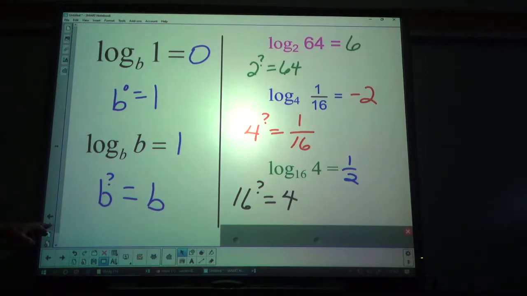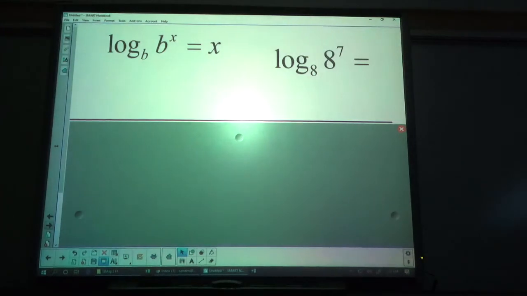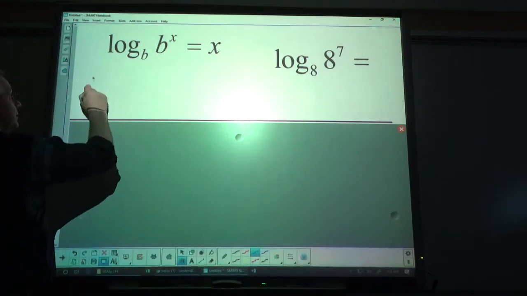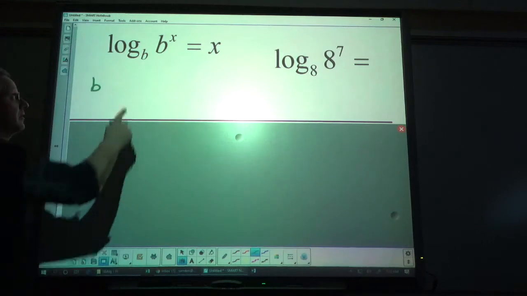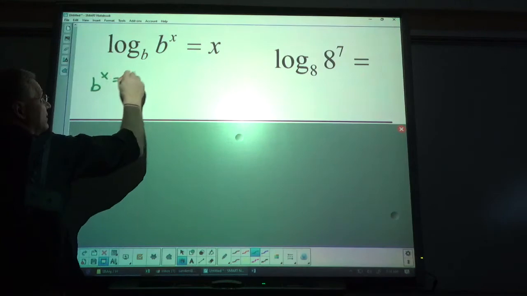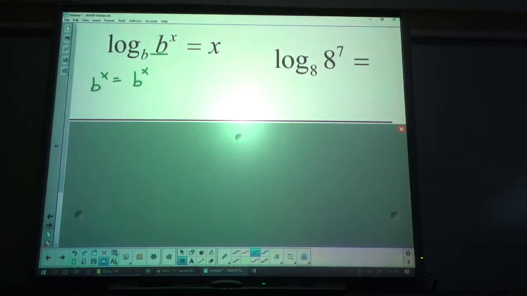All right, let's take a look at our next example. This is a little tricky, and it takes a little explanation. Let's go through this. If I rewrite this as an exponent, b to the x equals b to the x. That's what that's saying.